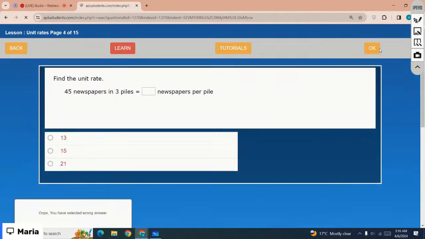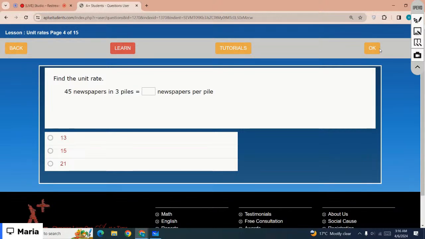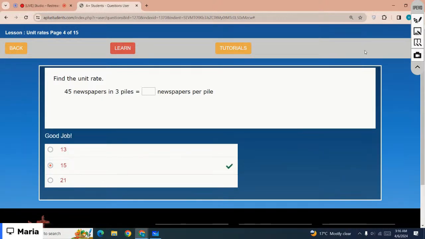Okay, the next one is find the unit rate. That is 45 newspapers in 3 piles. So which is the correct option? Yes, the correct option is 15 newspapers per pile. The correct option is 15, right?